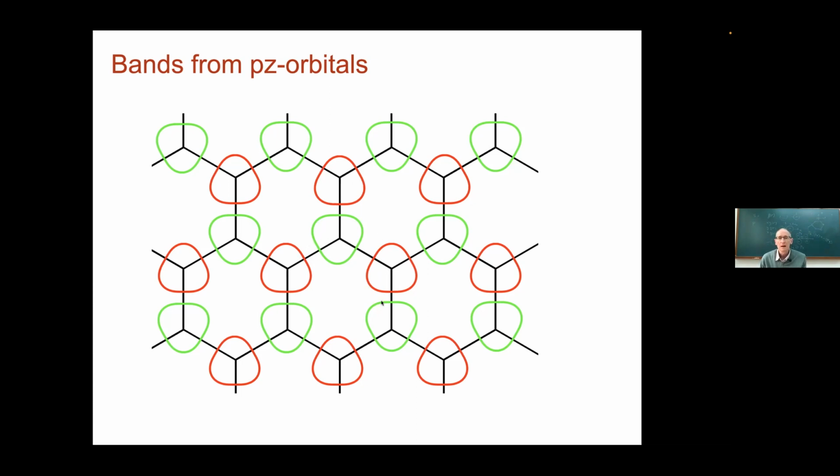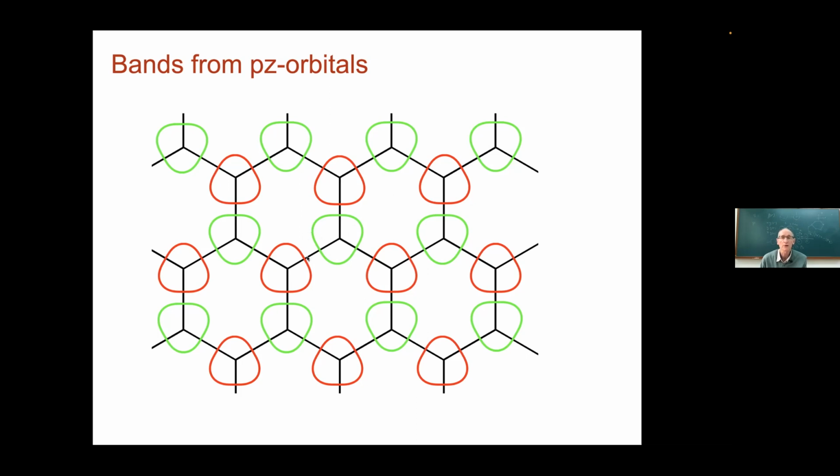Okay, however, when you go beyond nearest neighbors, you may have problems. If you think that you are really working with s orbitals, you would say, well, the hopping depends only on the distance because s orbitals are completely isotropic.